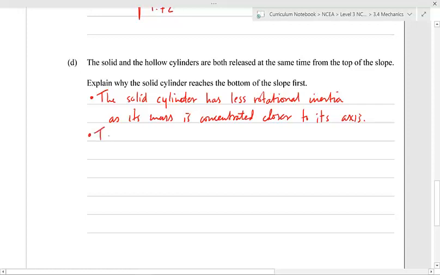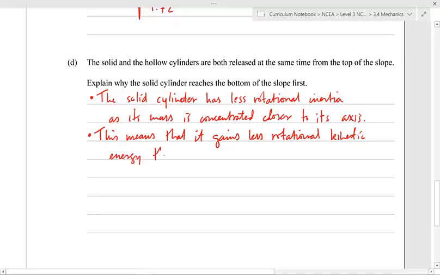This means that it gains less rotational kinetic energy than the hollow one, as EK rotational is equal to a half I omega squared.